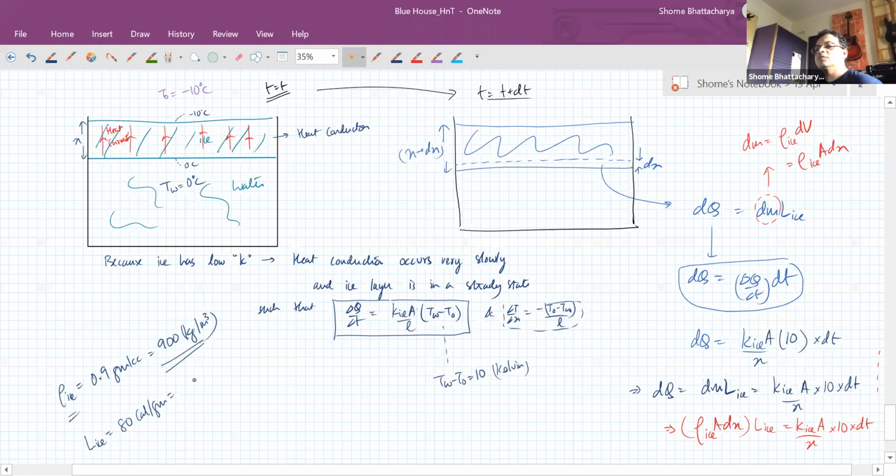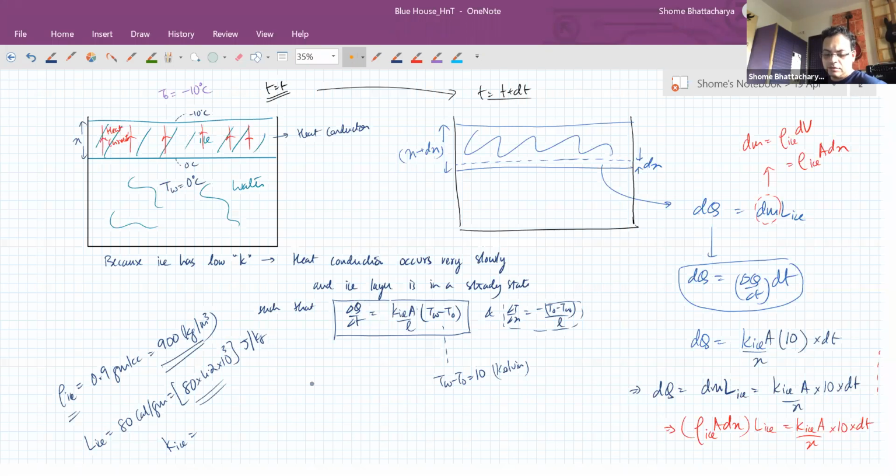So when we convert this, this will become 80 into 4.2 into 10 raised to power 3 in SI unit, which is joules per kg. So this is what we'll use, and the thermal conductivity of ice, I will just check the value and tell you so that we do an exact calculation. Okay. So just note down up to this differential equation step, then we'll integrate it.